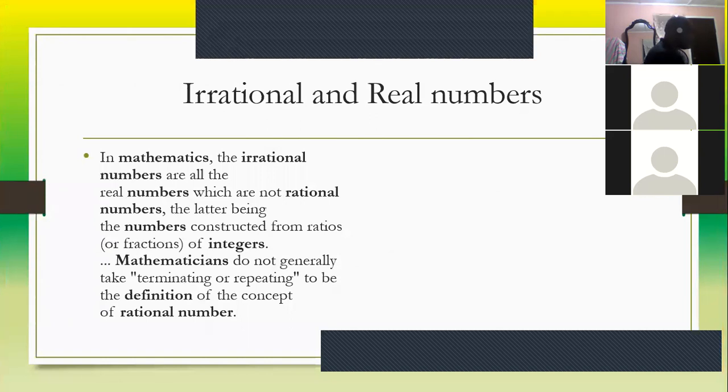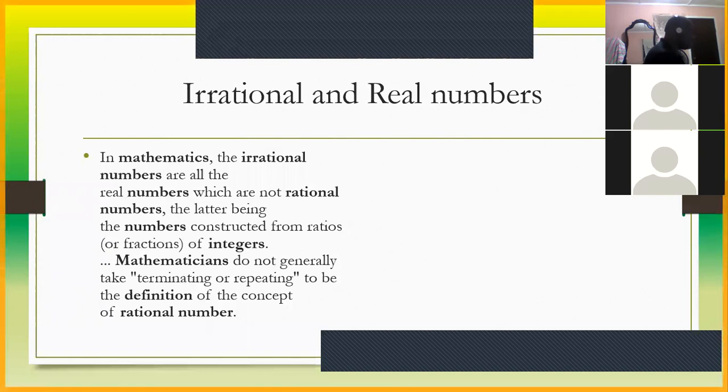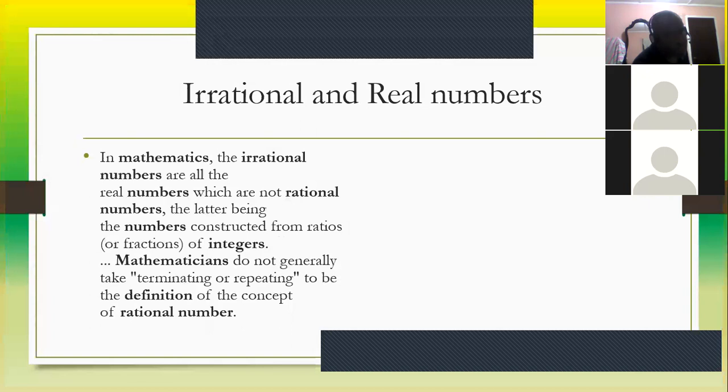In mathematics, the irrational numbers are all the real numbers, which are not rational numbers. The latter being numbers constructed from ratios, or fractions of integers.